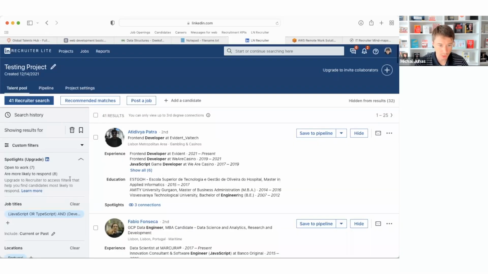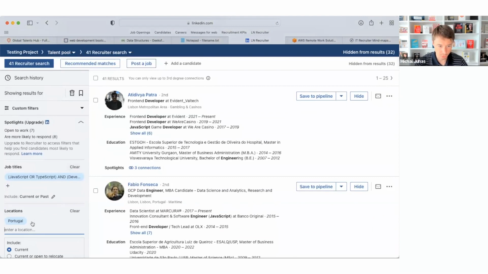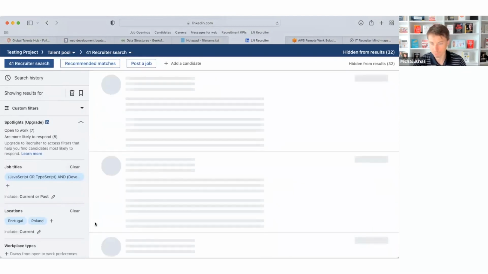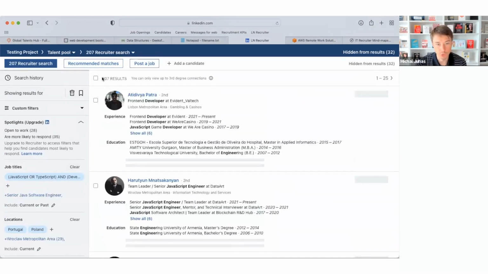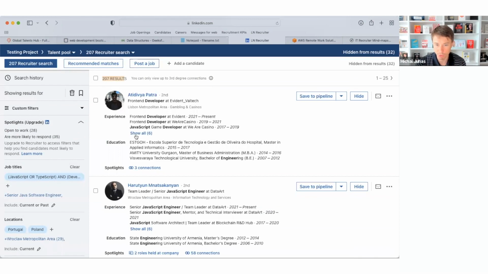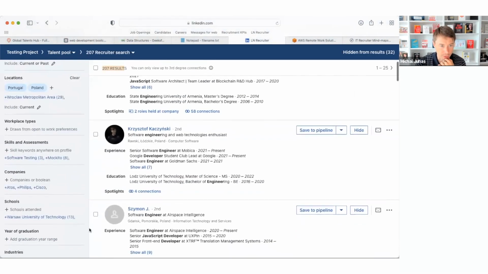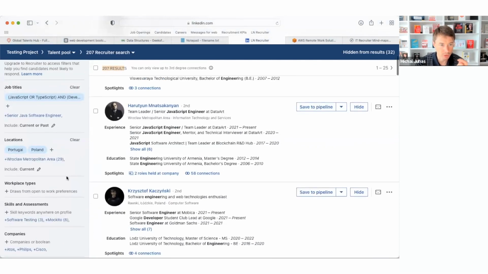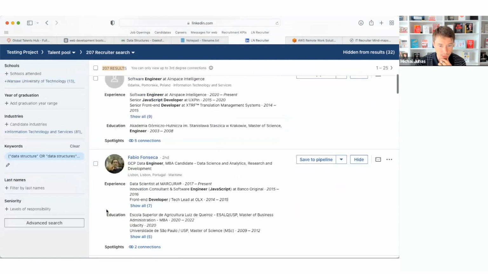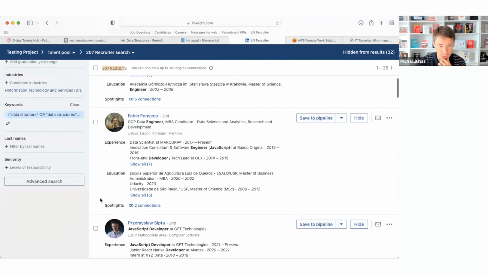But what is the beauty now? We can just add more countries, for example, Poland, and we will have probably 200, 300 candidates. Yeah, 200, you see, because there are a lot more people in Poland. So suddenly now we have people who have this experience, but let's not forget about JavaScript and TypeScript. Actually, we have it, that's good.